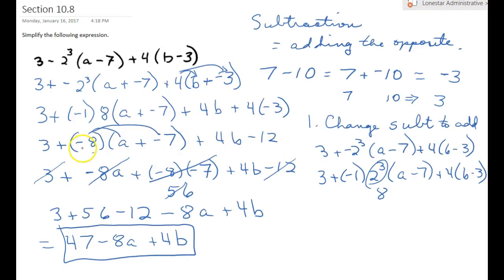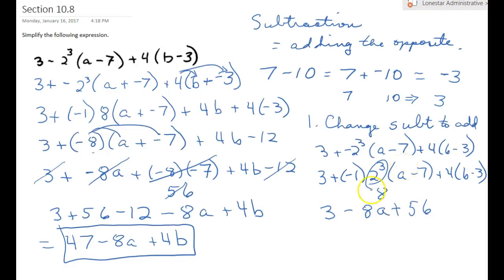And then I distributed the negative 8. Negative 8a, negative 8 times negative 7 is positive 56. So I had 3 minus 8a, because negative 1 times 8 times a, and then plus 7 times 8 is 56.